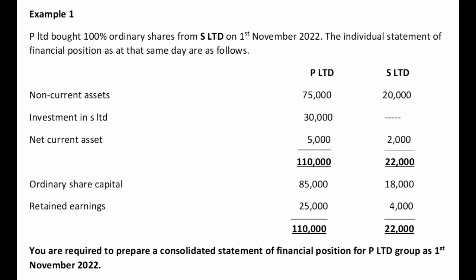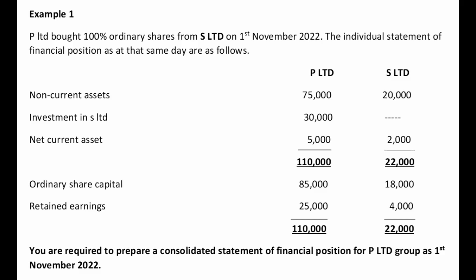We have the non-current assets, investments in S Limited, net current assets, ordinary share capital, retained earnings, and the last statement: you are required to prepare a consolidated statement of financial position for P Limited Group as at 1st November 2022.